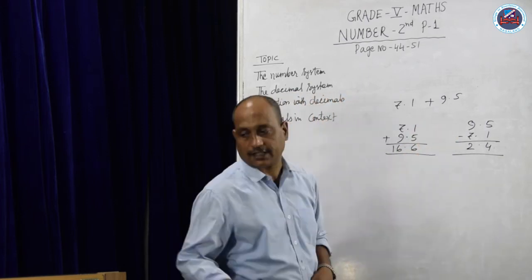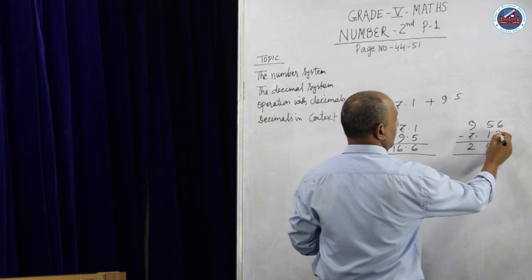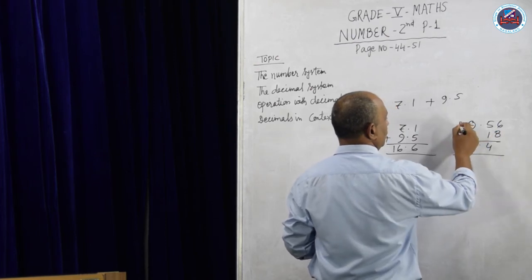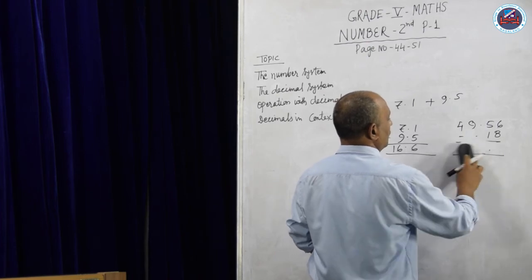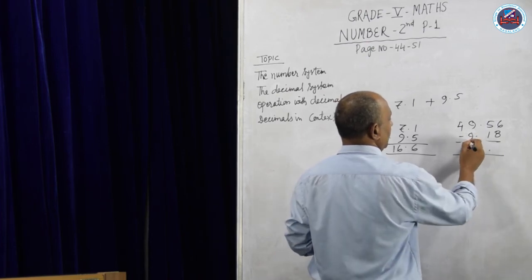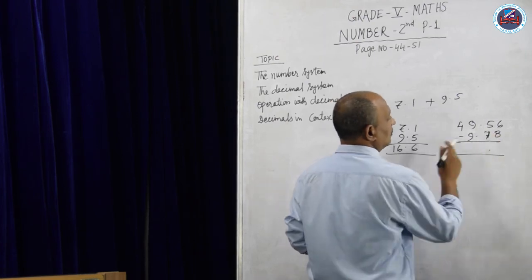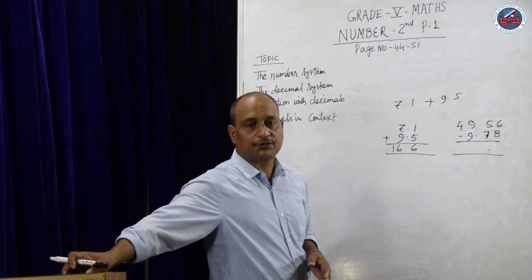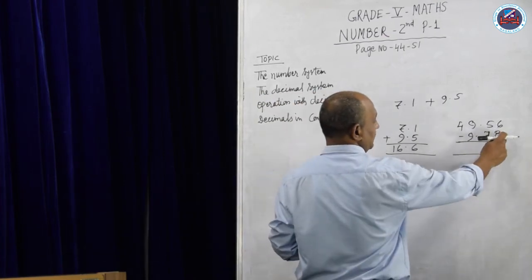Suppose this number is greater. Suppose here is 6, here is 8, here is 4, here is 9, this is 7. Then how will you go to do? How to do subtraction? Same way. 6 minus 8 cannot do.